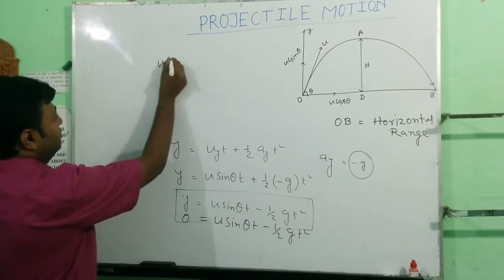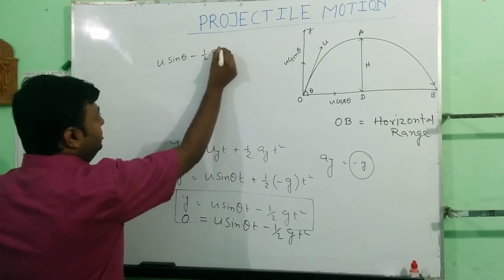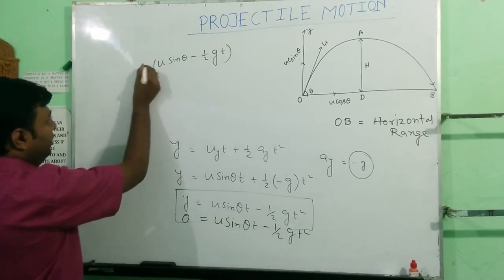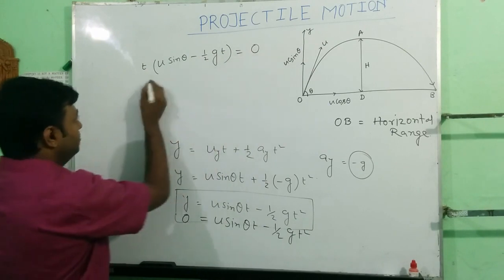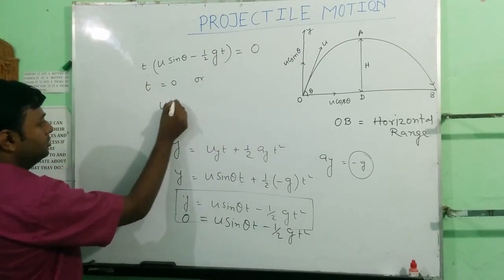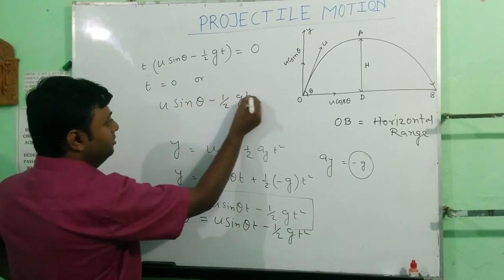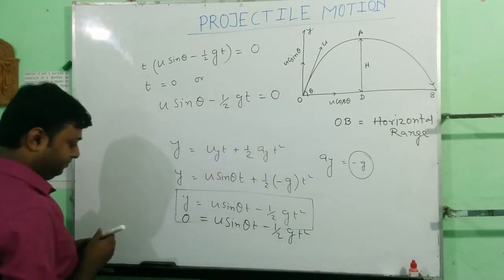That is (u sin theta minus half gt) whole into t equals to 0. That is t equals to 0 or u sin theta minus half gt equals to 0.